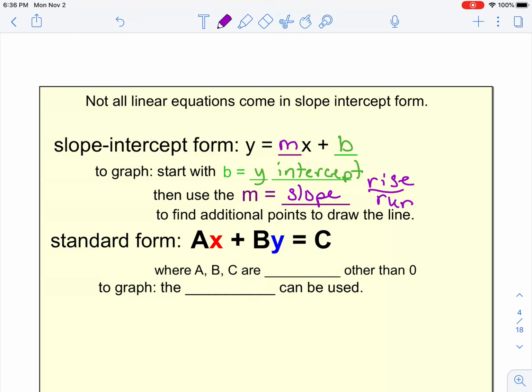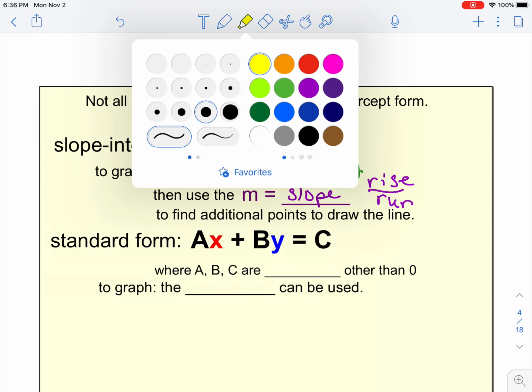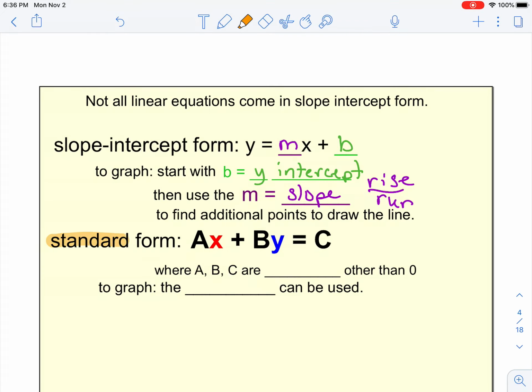So how do we graph it in standard form? Well, this is what standard form looks like. It is not solved for y, and standard form is ax plus by equals c, where a, b, and c are called integers. Those are just positive, negative whole numbers, and they can't be 0.